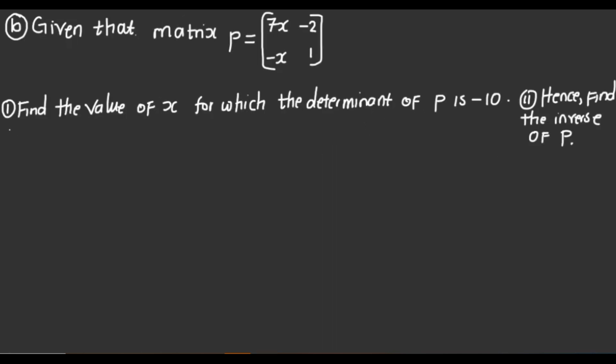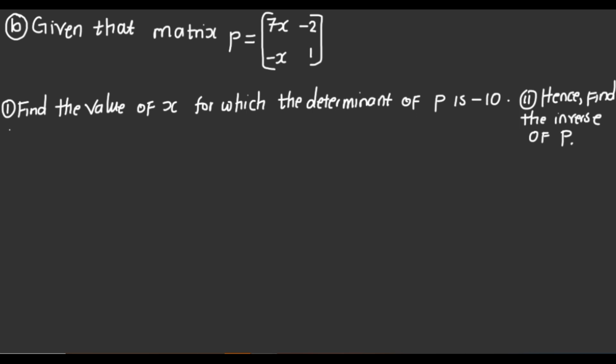Okay, so now we move on to question B. Given that matrix P is equal to 7x minus 2, negative x, positive 1, find the value of x for which the determinant of P is negative 10. How do we find the value of the missing letter given the determinant?